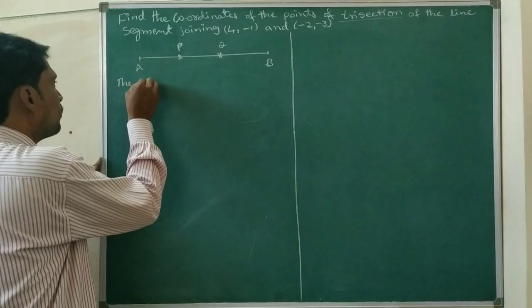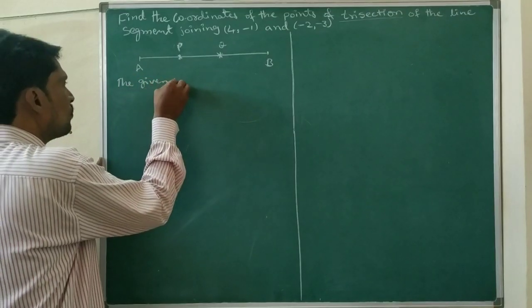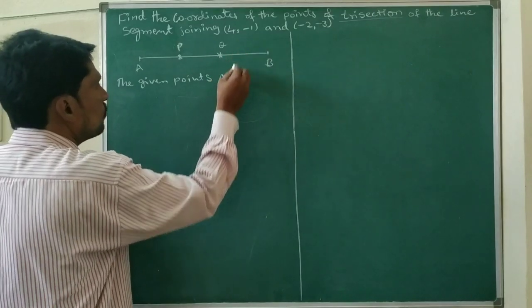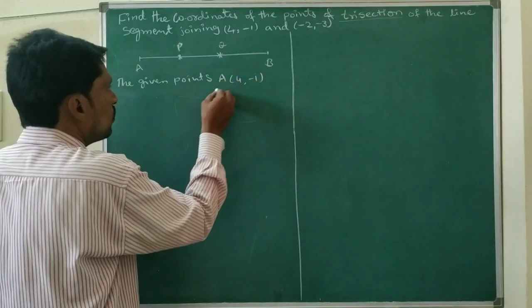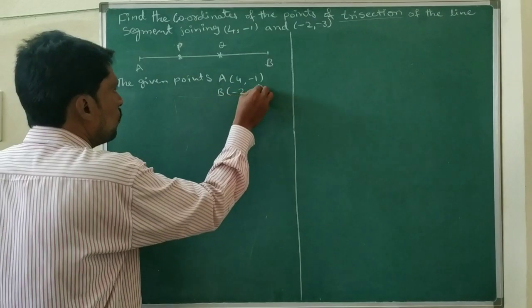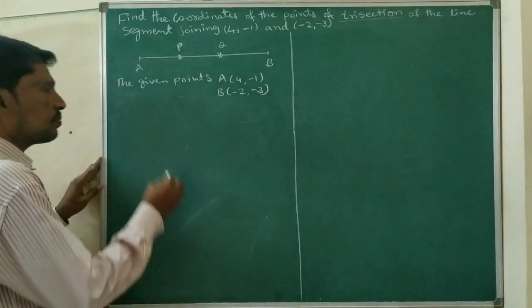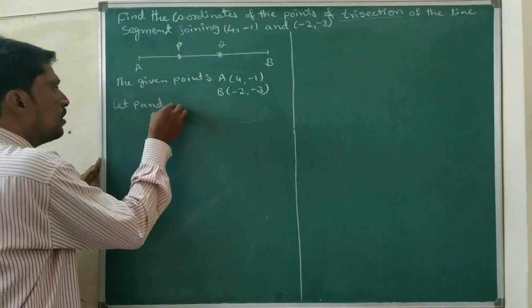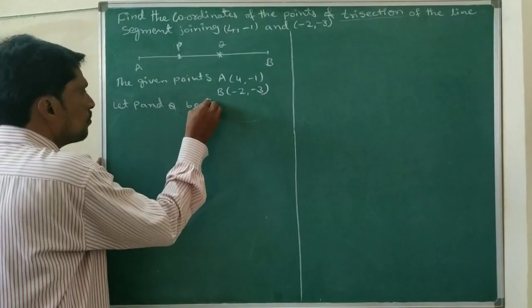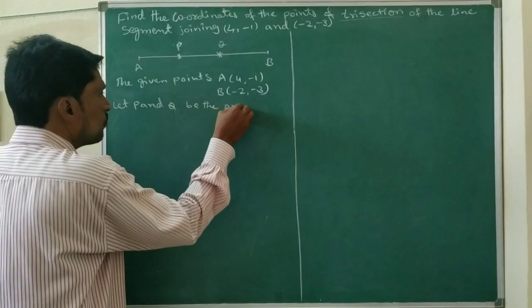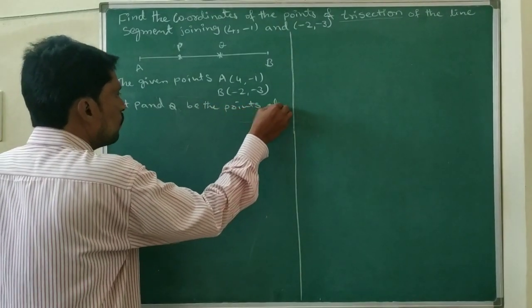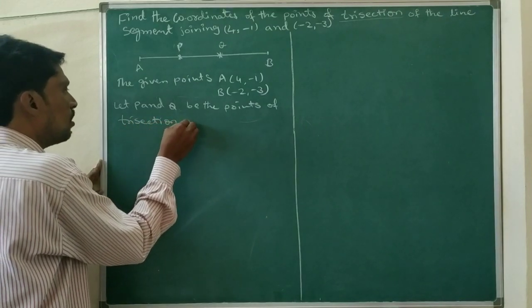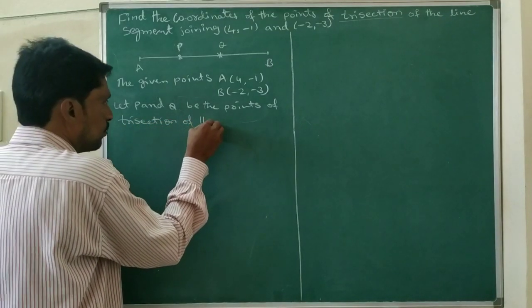The given points are A(4, -1) and B(-2, -3). Let P and Q be the points of trisection of the line segment AB.